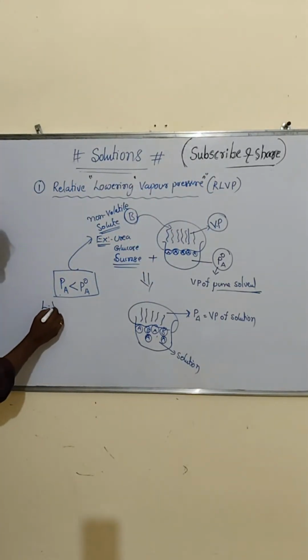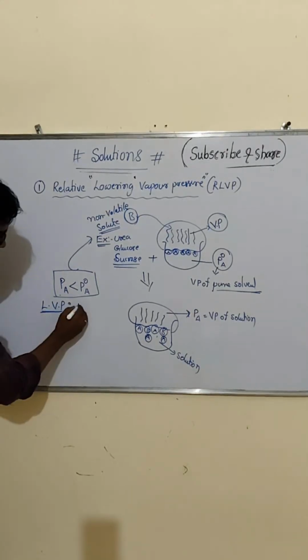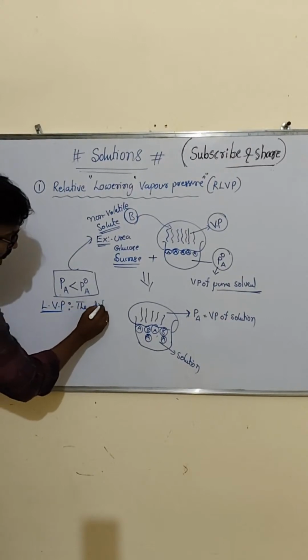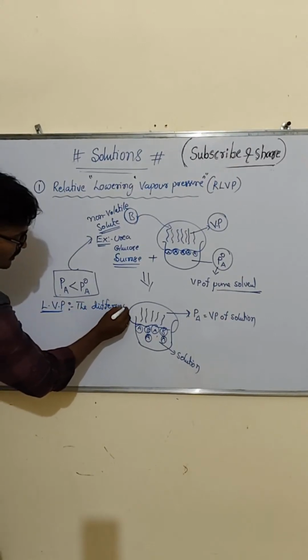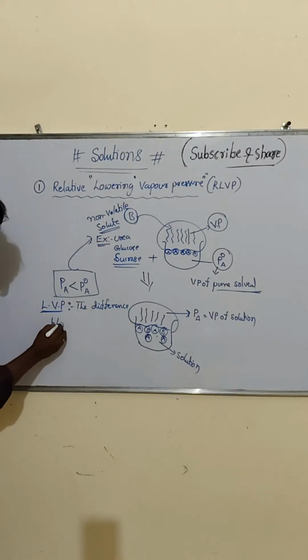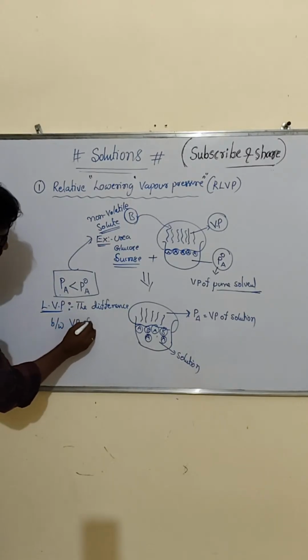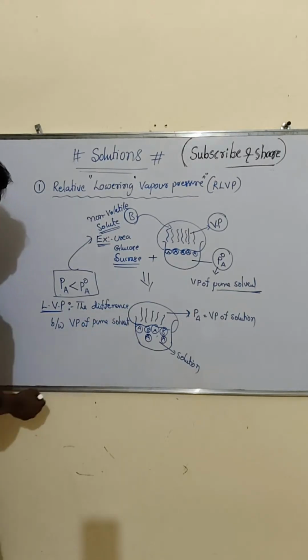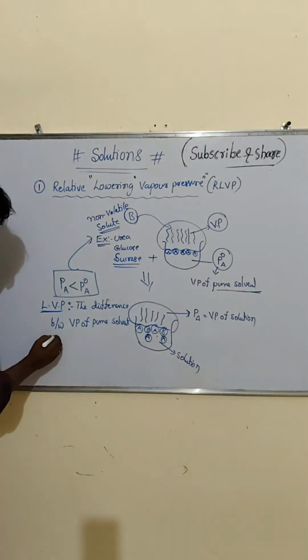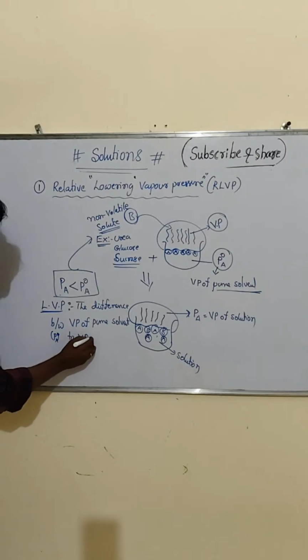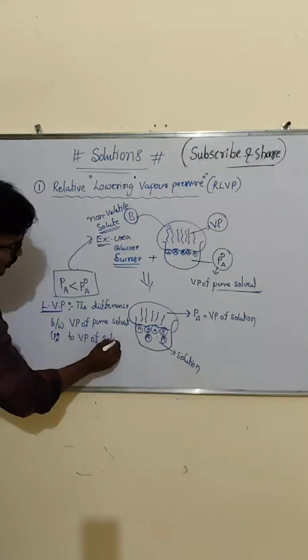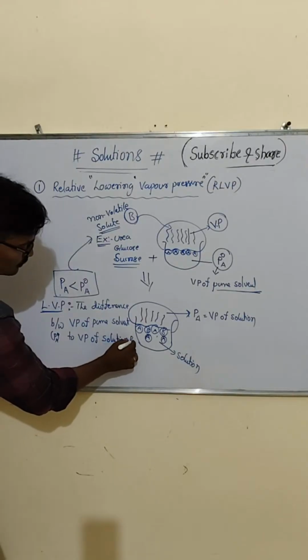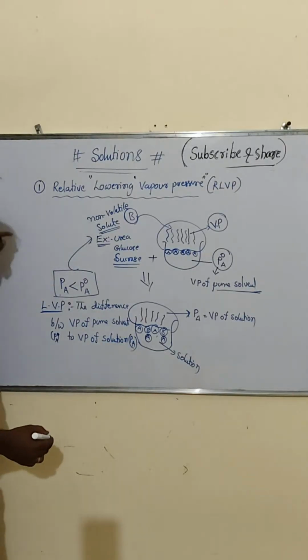What is lowering of vapor pressure? Lowering of vapor pressure is nothing but the difference between the vapor pressure of the pure solvent, that is P naught A, and the vapor pressure of the solution, PA.